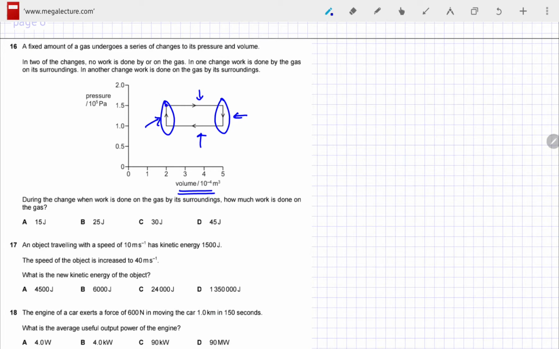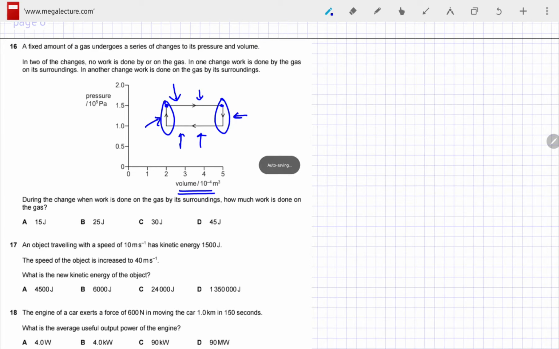That is from this point to this point. So this line represents the work done by the gas. And similarly, work done on the gas is when the gas is compressing, which is represented by this line, where the volume, you can see on the horizontal axis, is decreasing from 5 to 2.